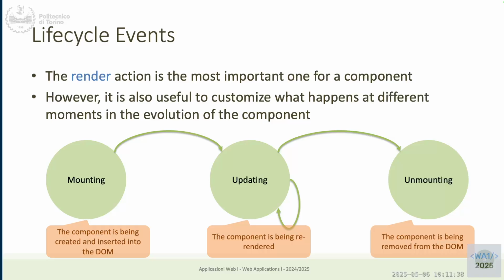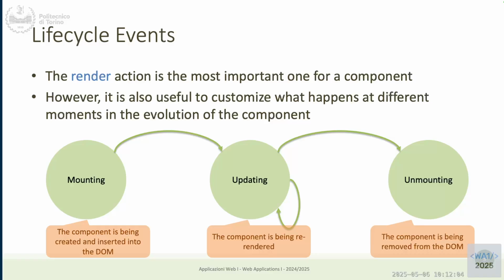Then the component may update itself many times. Every time its props change, every time its state changes, the component re-renders, and we say this is an updating of an existing component. Then it may happen that in a following render, that component is no longer needed, so its parent component doesn't render it anymore.